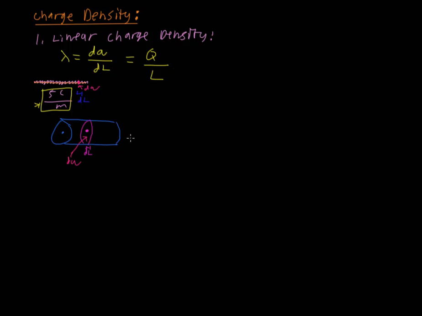So in this example, let's say it had 10 coulombs and it was 5 meters long. If it had a uniform linear charge density, then its linear charge density would be 2 coulombs per meter. So this bit, the infinitesimal bit, always holds.